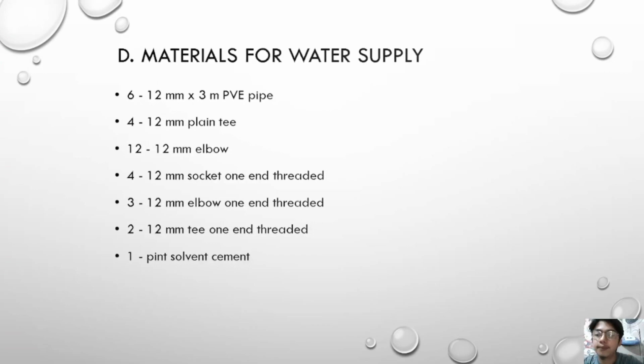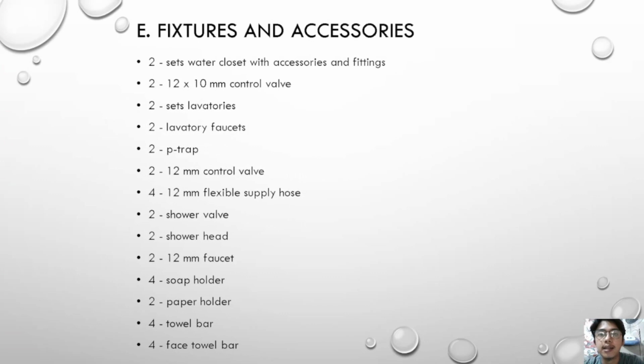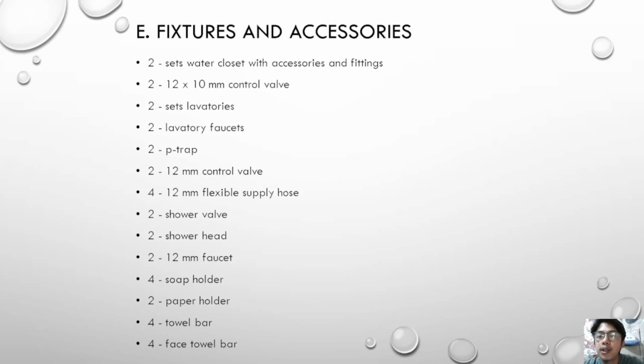Next, fixtures and accessories. So these are the fixtures and accessories that are included in a building or construction project. They include 2 sets of water closets or toilets with all necessary accessories and fittings, and 2 sets of lavatories or sinks with faucets and P-traps, 2 sets of shower valves and shower heads, and 2 12mm faucets, 4 soap holders, 2 paper holders, 4 towel bars, and 4 face towel bars.